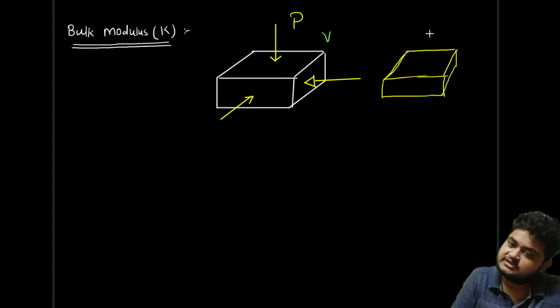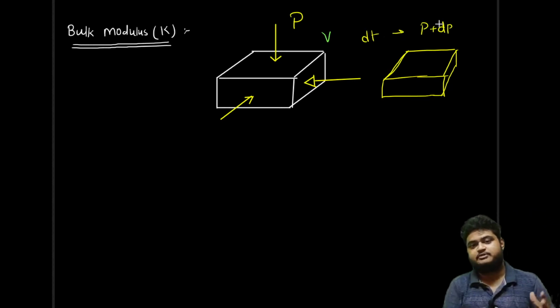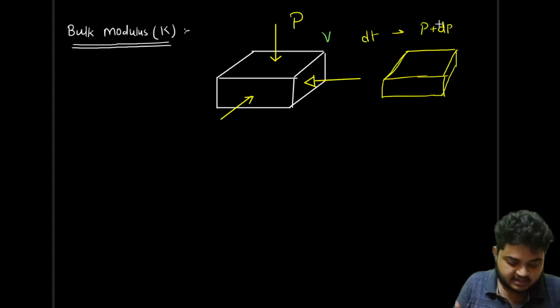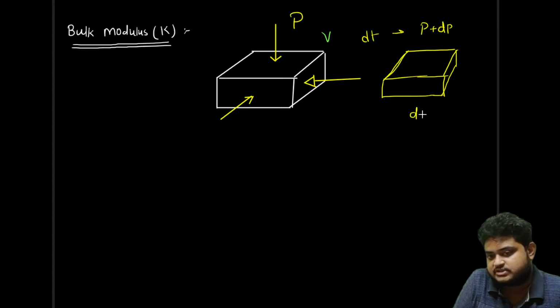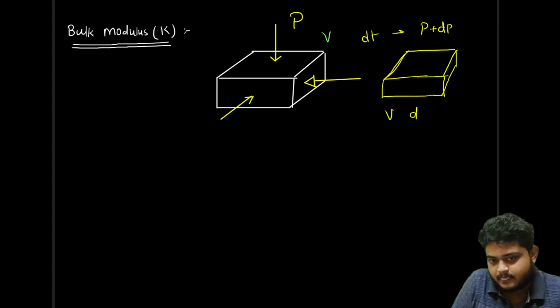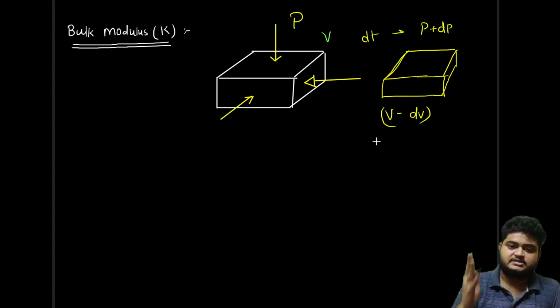Let us assume that after time dt, the pressure is P plus dP, where dP is the change in pressure. Obviously, with the increase of pressure, the volume will decrease, so the volume is now V minus dV.